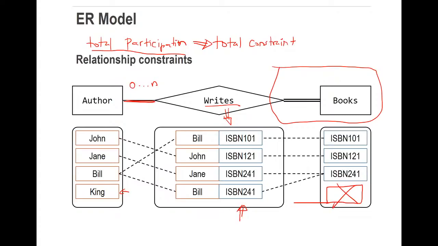So I'm the one designing this. I'm the one who said that every book must have an author. So try to change your mindset to that of a designer of your database. When you design your database, try to make it such that you are the one setting up the constraints. All right?